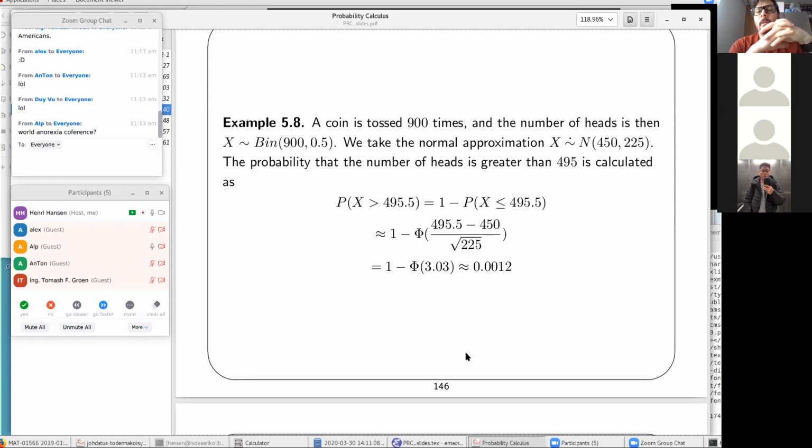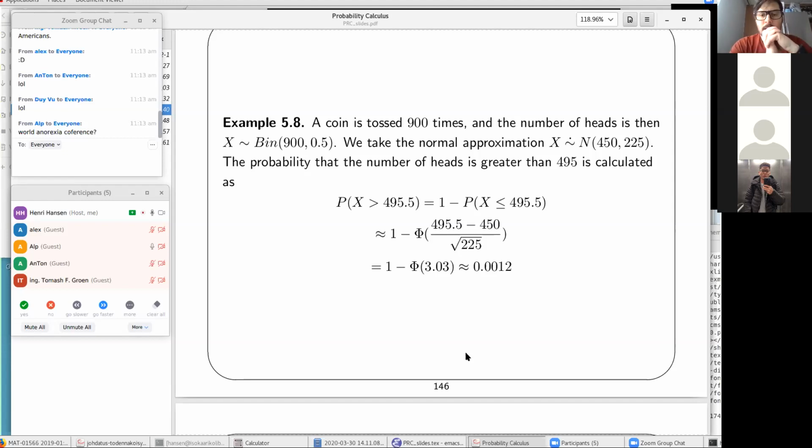We calculate the probability of getting heads greater than 495. So an excess of 45, a 10% excess of heads. We expect 450 heads. What is the probability that there is a 10% excess of heads, meaning 495 or more?